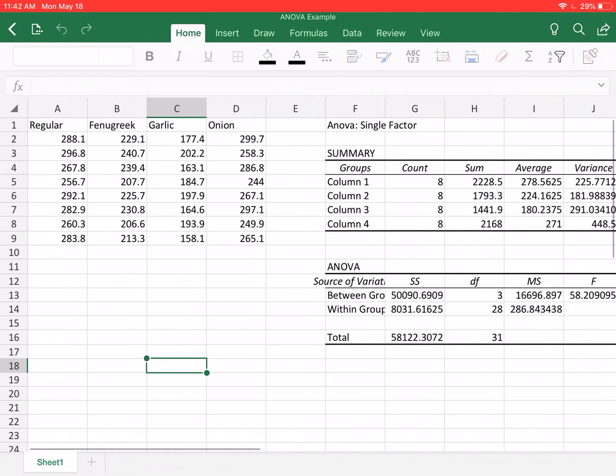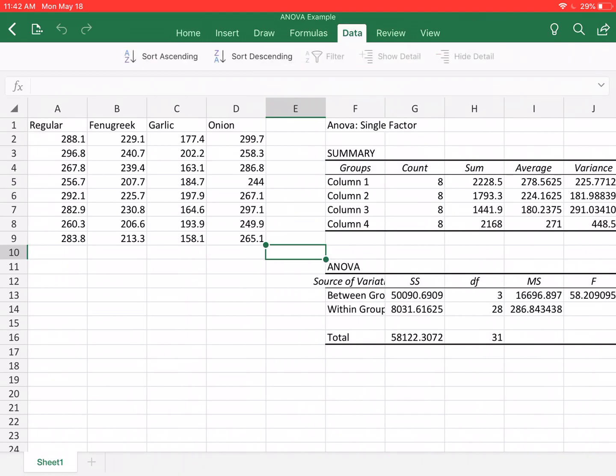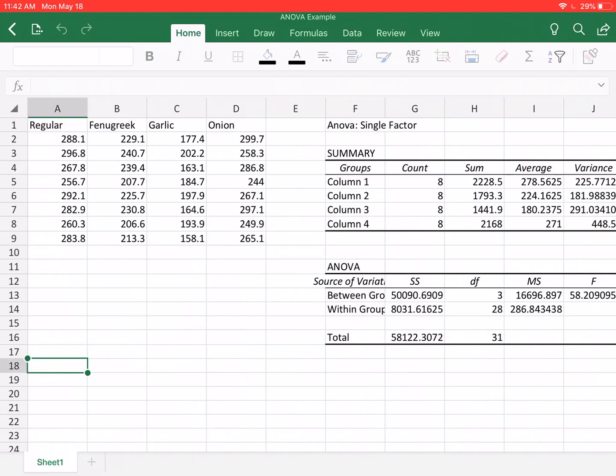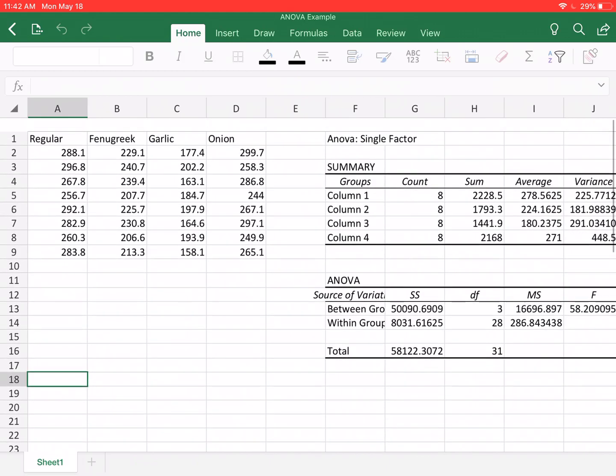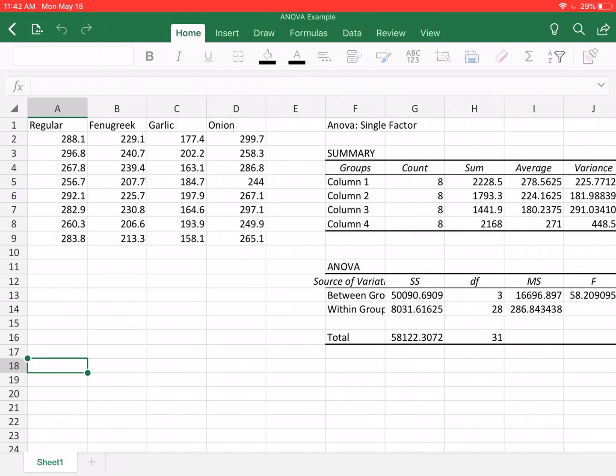So in order to get this ANOVA test on Excel, so if you're using Excel and you don't have it, it would be in data, but it would be under data analysis. Okay, so if you want to just make a note of that, it would be under data analysis. Okay, and if you don't have it, it is just an add-in for Excel, and it is completely free.